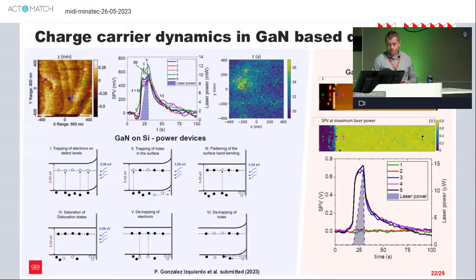The second example is on GaN-based micro-LEDs. And here we are interested if the border effect has influence on the trapping effect.